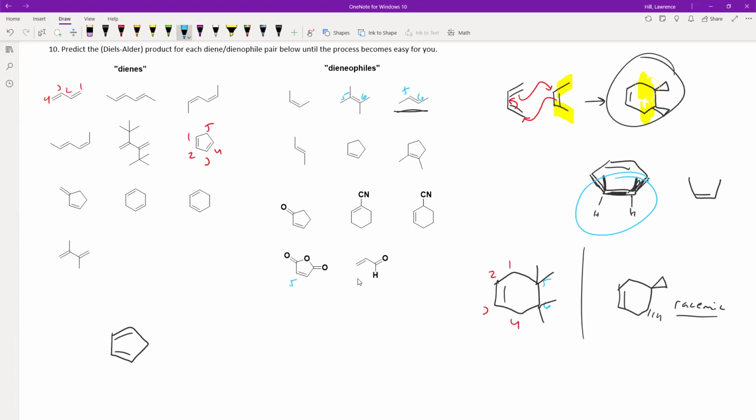I'm just numbering the carbon atoms. If this is my carbon 1, 2, 3, 4, 5, and this is my maleic anhydride, these are my carbons. Oops, I numbered that 5, didn't I?